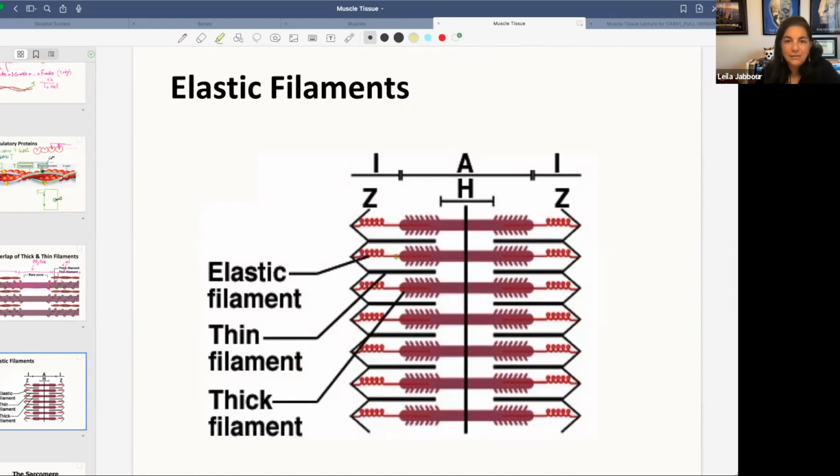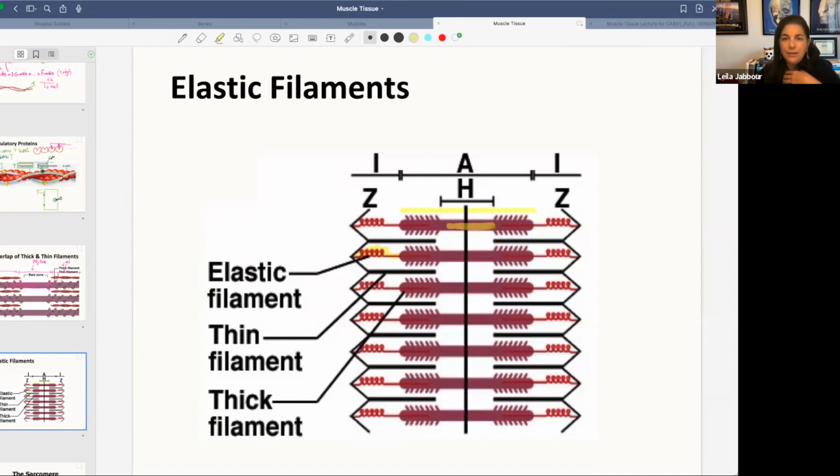These elastic filaments or fibers are there to basically anchor the thick and thin filament bundles. You see, this is what thick and thin filaments are. It's illustrated over here, with the bare zone in the middle.